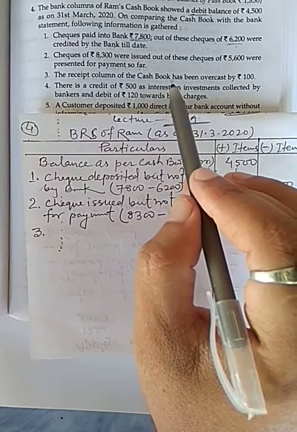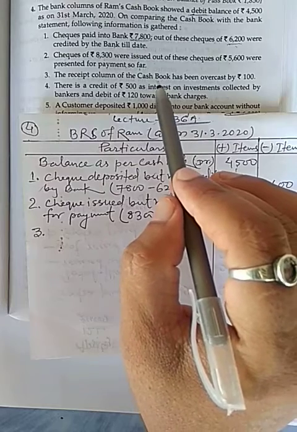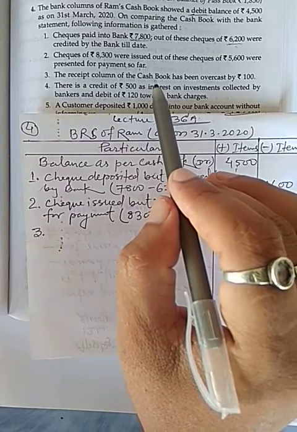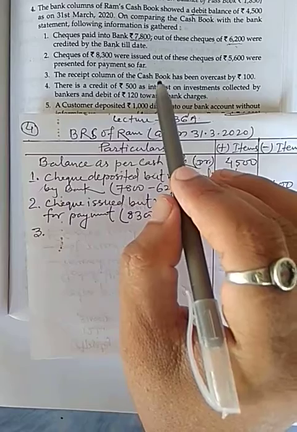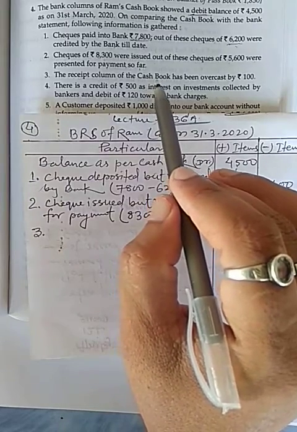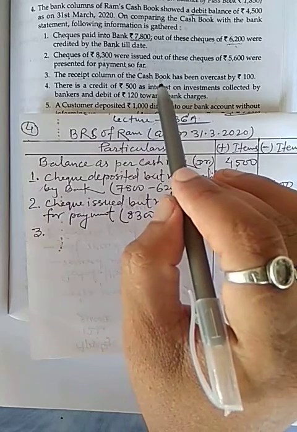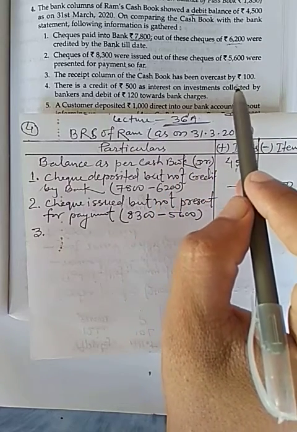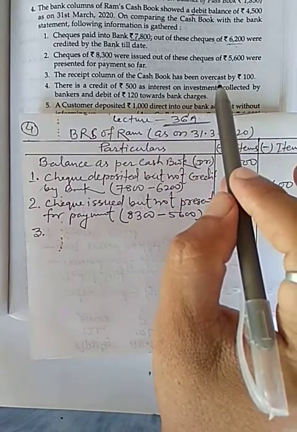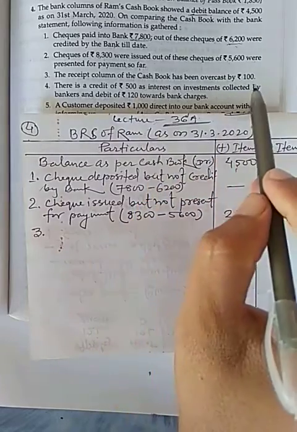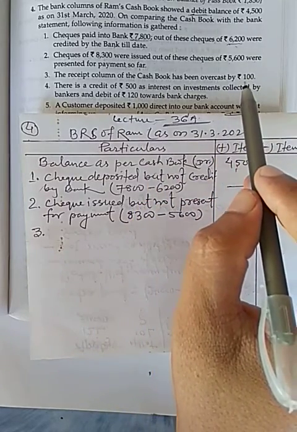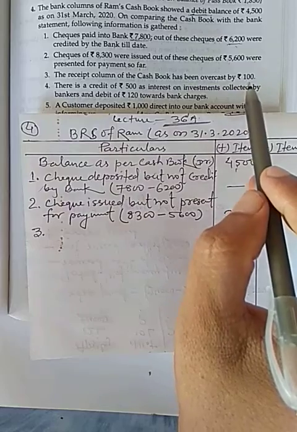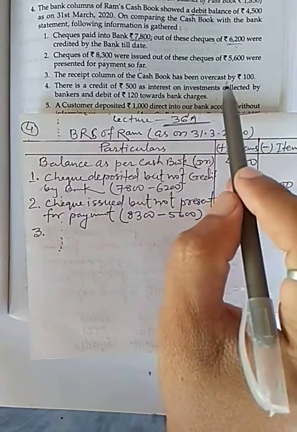So at the time of preparation of bank reconciliation statement, we have to deduct rupees 100 from cash book, then it will match the passbook with cash book, so it will be shown in minus item 100.